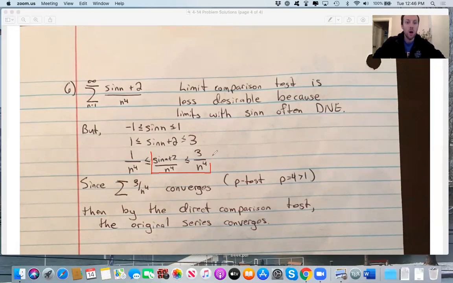These terms are smaller than 3 over n to the 4th, and this series converges. Because it's a p-test, the p here is this 4, that's bigger than 1, so this thing converges. So then we say this series converges, our terms are smaller, and so we will also converge.